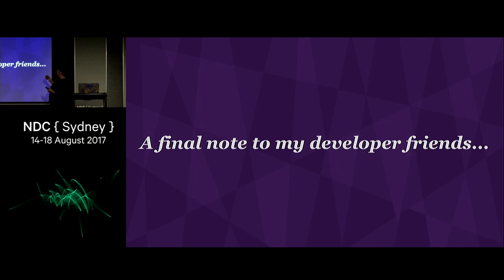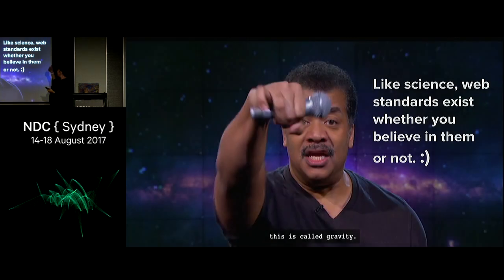Final note to my developer friends, like science, web standards exist, whether you believe in them or not. Yeah, and I'm an American, and I know that we say there's such things as alternative facts and fake news, but this is the truth. This is reality.